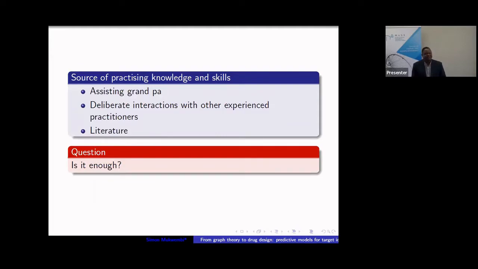As someone who can read, do research, and write, I differ from my grandpa, who would not read or write but just used inherited knowledge. My additional source was literature. So the question that we again ask is, but is that enough?